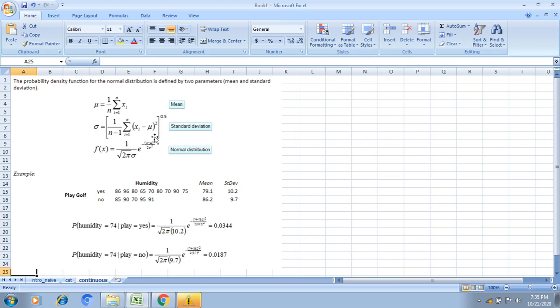I think we already calculated this in a previous video, so I will attach a link showing how to calculate the mean and standard deviation for the data. This is the normal distribution formula for the frequency distribution.